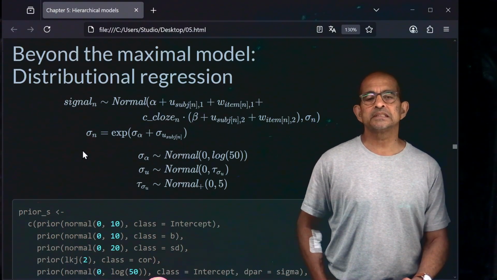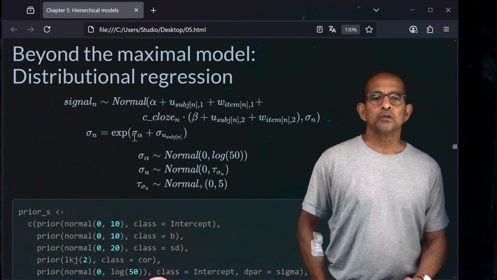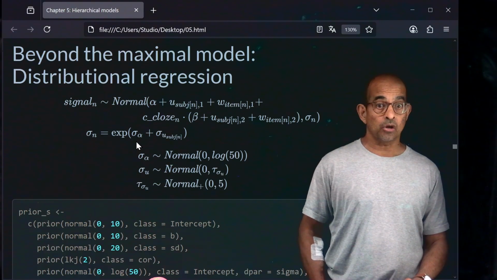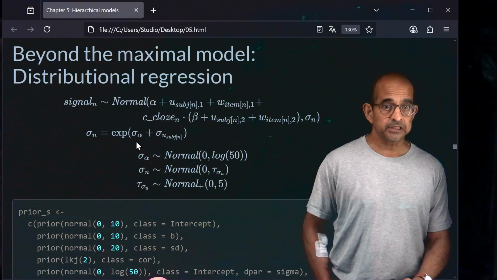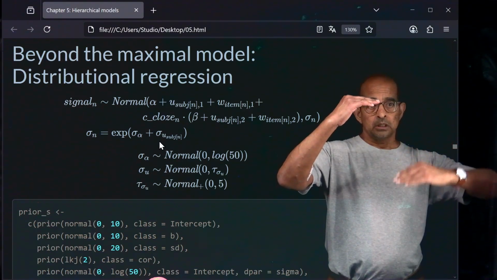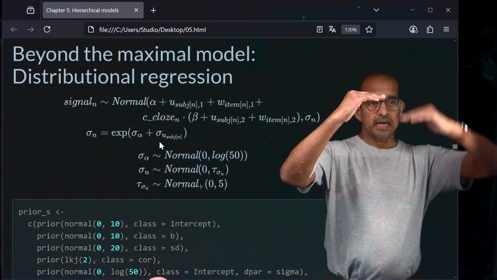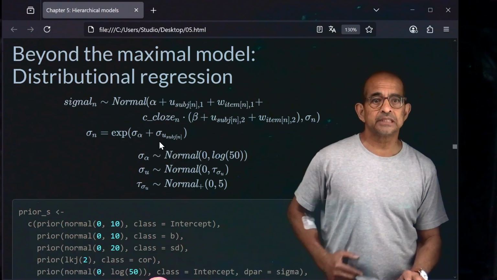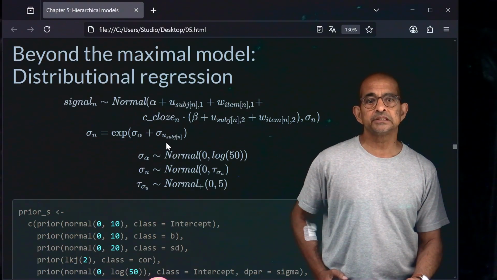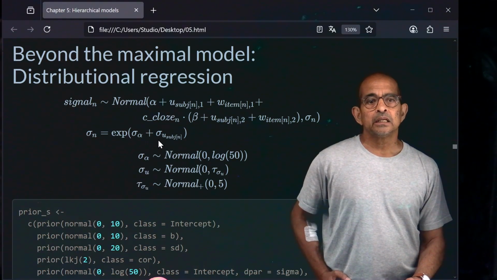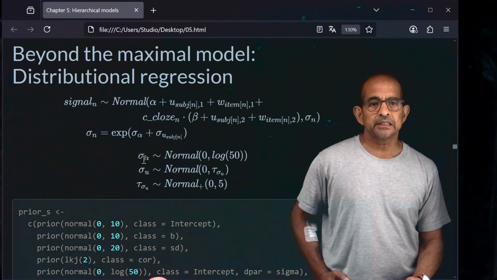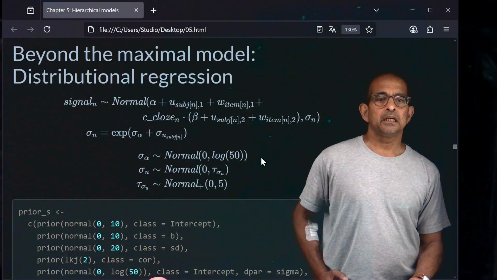And so the way we will set that up is that we are going to have an average standard deviation across all the subjects, so an average residual, but we will allow some variability around that average residual by subject. So that's this adjustment to the average residual standard deviation. And for this parameter here, we're going to define a hyperprior.